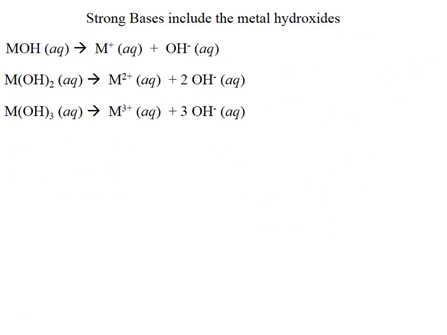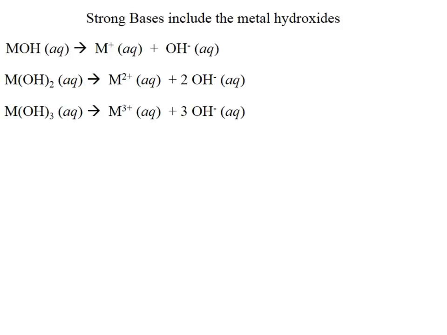So these are our metal hydroxides. You'll notice that there are +1 metals like sodium, lithium, potassium hydroxide listed first. The second one listed would be a divalent cation like calcium, magnesium, so a +2 ion. And the third one would be a +3 ion like aluminum or iron 3, right?